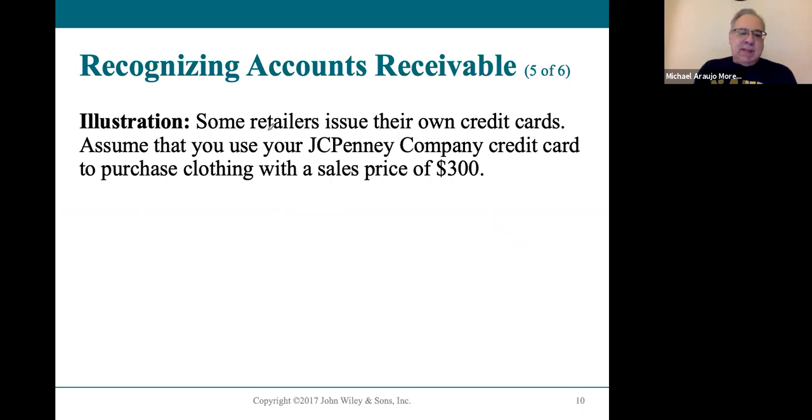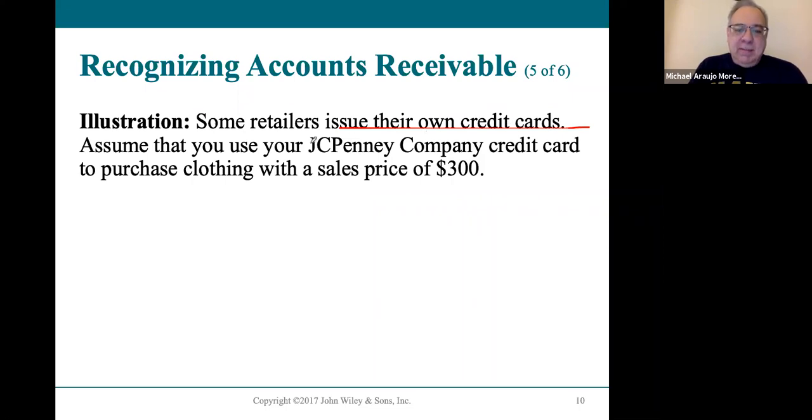This is sort of a relic type of an example here, but I'll review it with you. A lot of retailers in the past used to have their own credit cards. Now, what's typical is they will basically outsource that function to a bank who specializes in retail cards instead of having their own retail card.